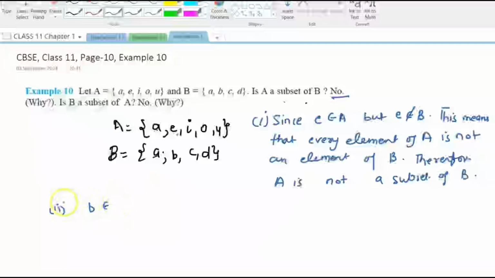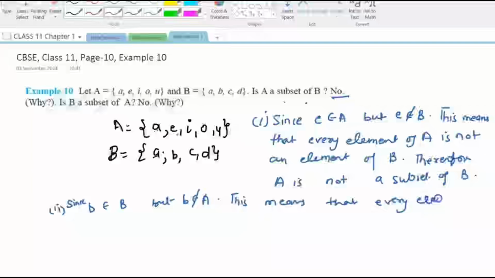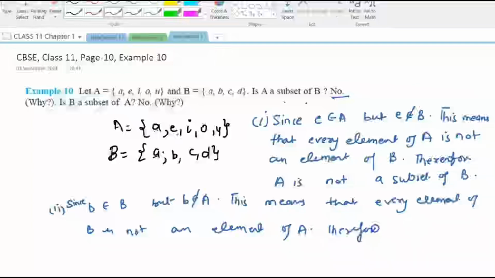Okay, so since B belongs to B, but B does not belong to A, this means that every element of B is not an element of A. Therefore, B is not a subset of A. This covers the 'if no, why' part: because every element of B is not an element of A.